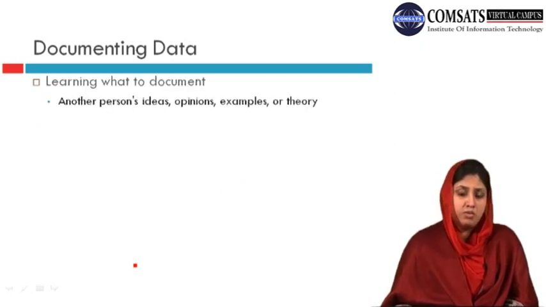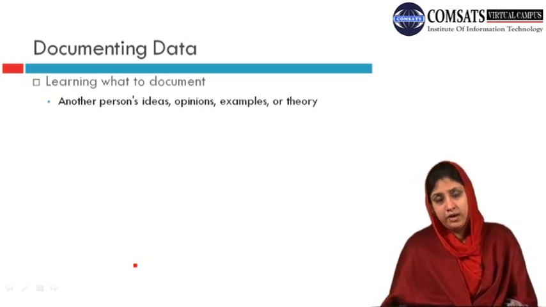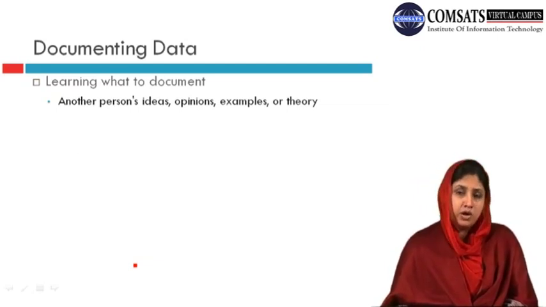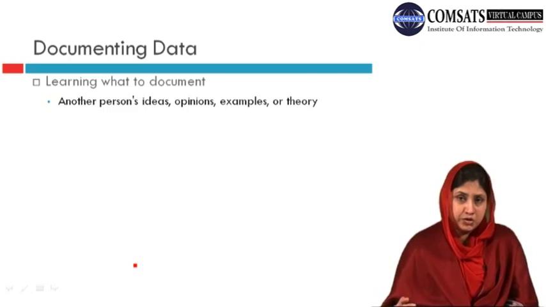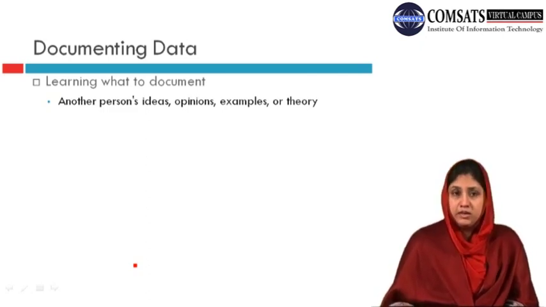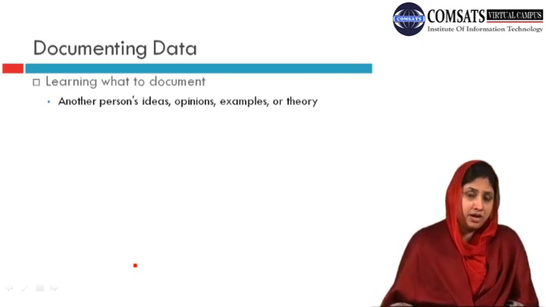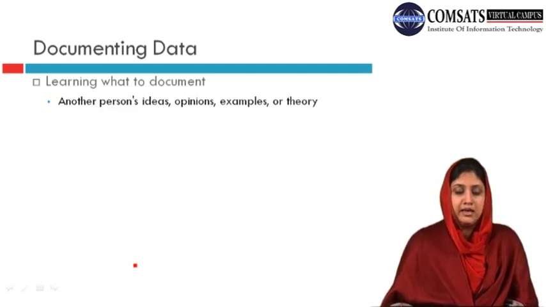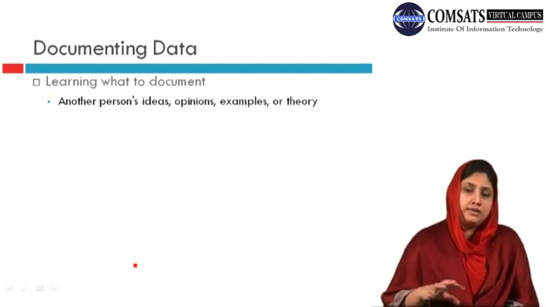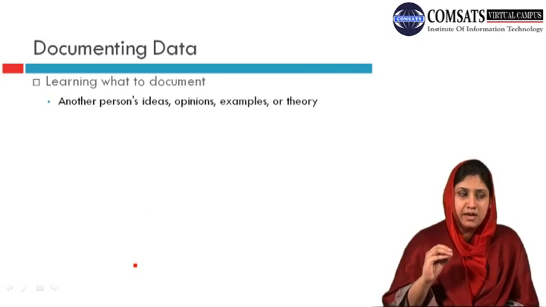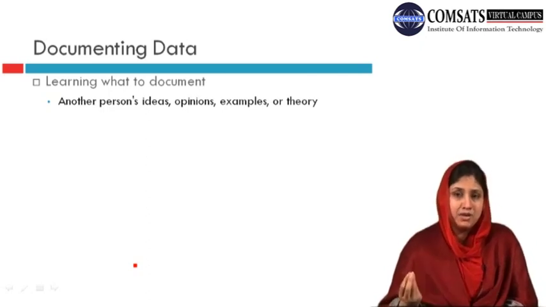Learning what to document is very important, and for that I will take you back to the very beginning of the talk, where we said to identify certain things: the problem, the purpose, the background, and the audience need. However, apart from all these things, you can always cross-check by asking people about their ideas, their opinions, and examples or theories.